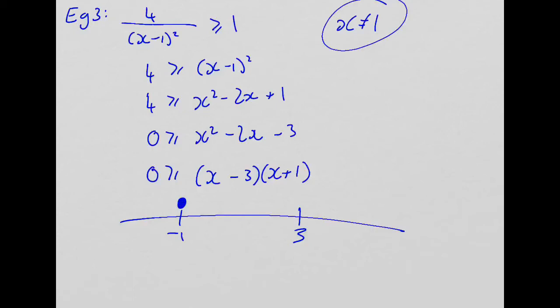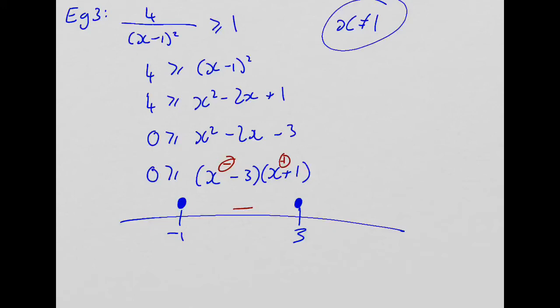And +3 is allowed, so we can give that a solid dot. Let's check values in between. I'm going to go for 0 because I know 0 is between -1 and 3. If we test 0, then in the first bracket, x minus 3, we have 0 minus 3, we get a negative. And in the second bracket, we get 0 plus 1, which is a positive, which means we have a negative in between the two values.